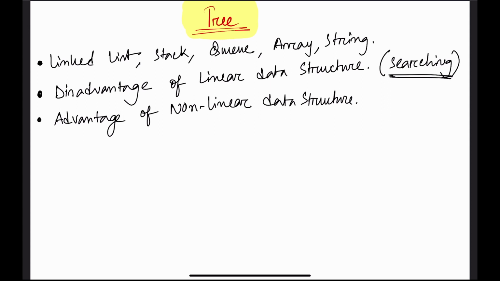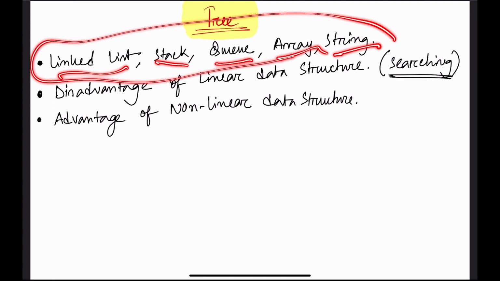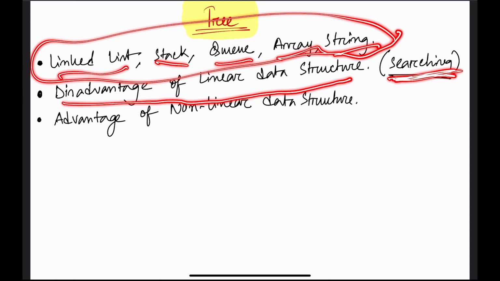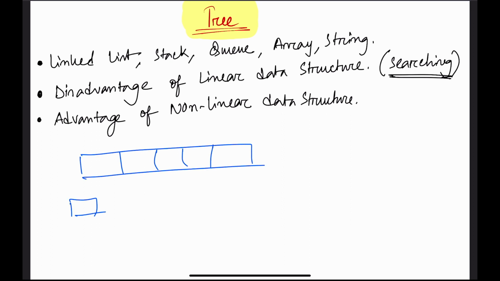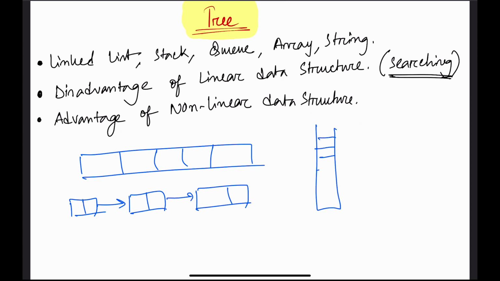You need to understand that the data structures which you have gone through, like linked list, stack, queue, array, string, all these are linear data structures and they have some disadvantages, which we will see in searching. For example, there is an array or a linked list, or there could be a stack, or there could be queues.